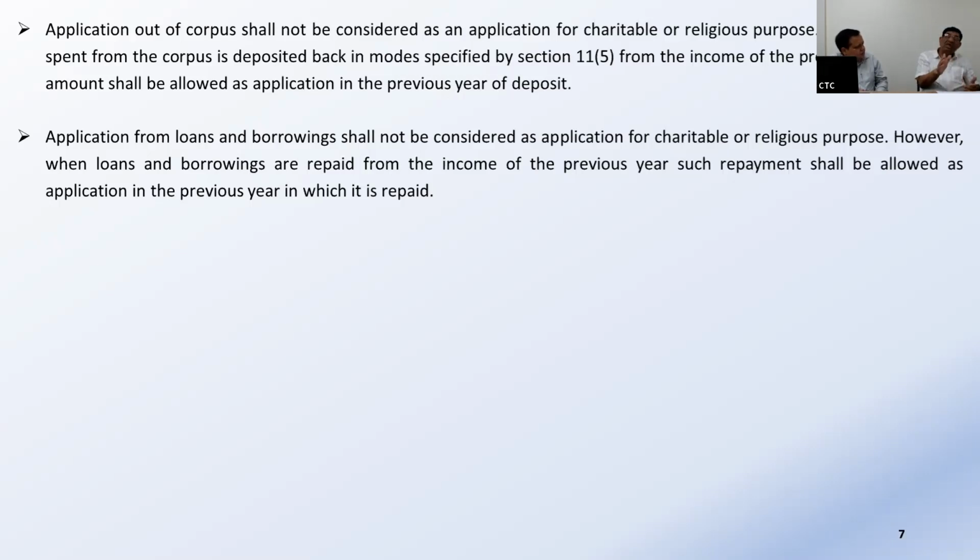If there is an FD, now there are certain things. Suppose there is a corpus of 10 lakhs, and FD has been kept of 25 lakhs. So there also you can say, okay, out of this, 10 lakhs is for the corpus. Yes. And it is advisable that a specific amount should be kept.